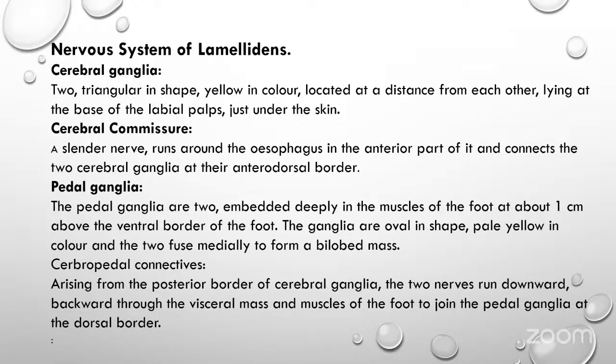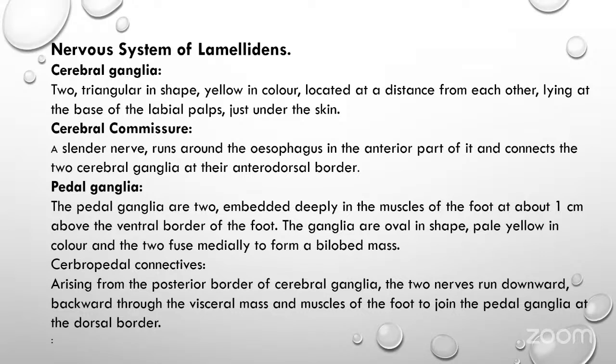Cerebral commissure: a slender nerve, runs around the esophagus in the anterior part of it and connects the two cerebral ganglia at their anterodorsal border. Pedal ganglia: the pedal ganglia are two, embedded deeply in the muscles of the foot at about 1 centimeter above the ventral border of the foot. The ganglia are oval in shape, pale yellow in color, and the two fuse medially to form a bilobed mass.